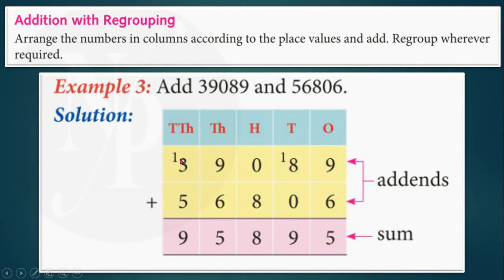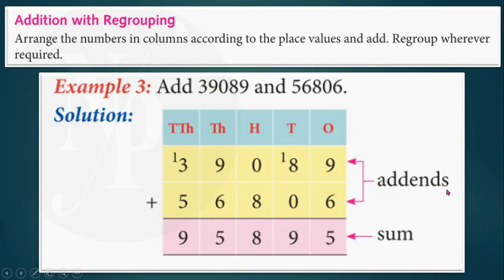Now we include this while adding these digits: 1 plus 3 is 4, and 4 plus 5 is 9. Therefore the sum we get after adding these two numbers is 95,895.